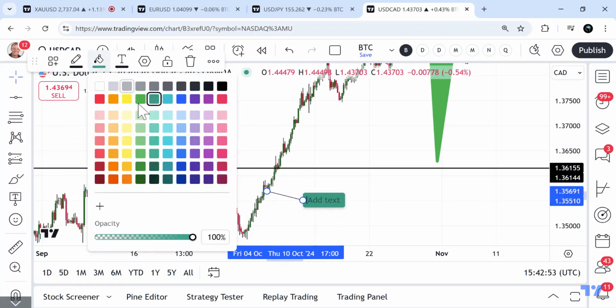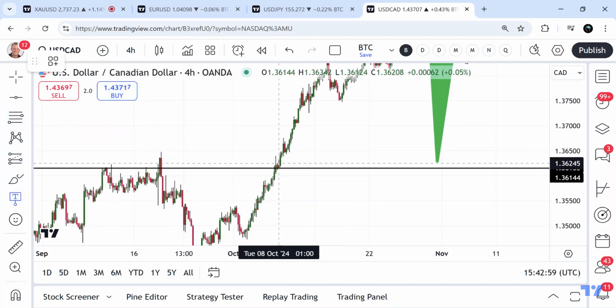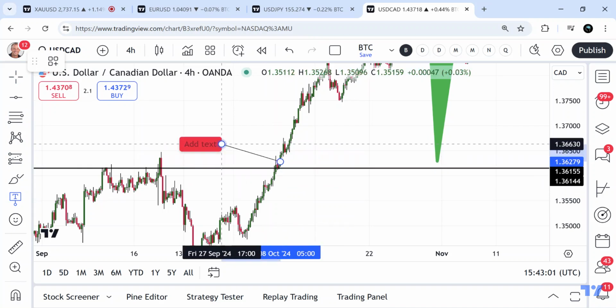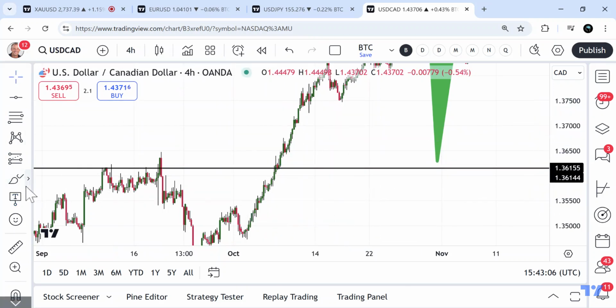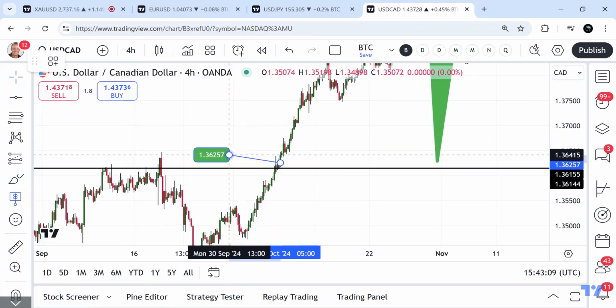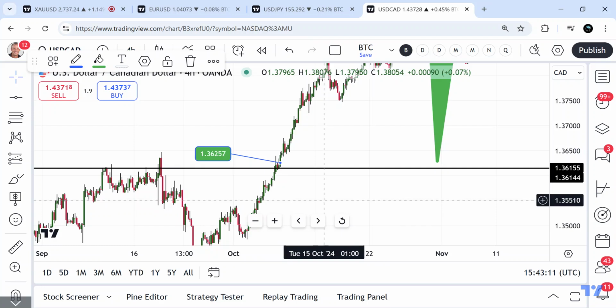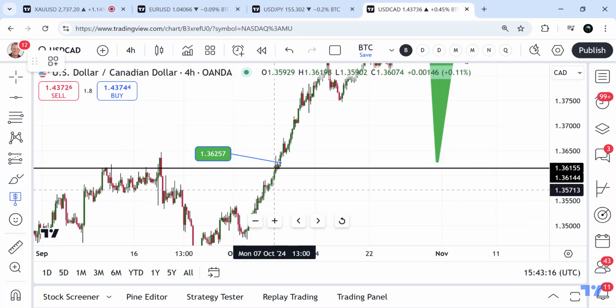We'll just label it red. My entry point would have been here on that green. That didn't appear, so let's just do it again. Something like that. And then the stop loss would be under.